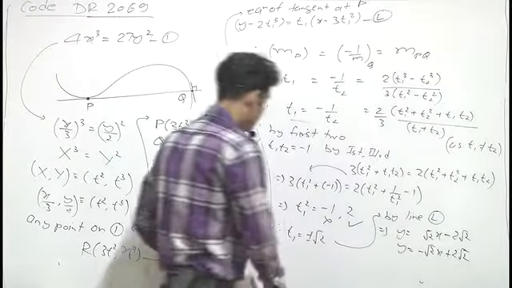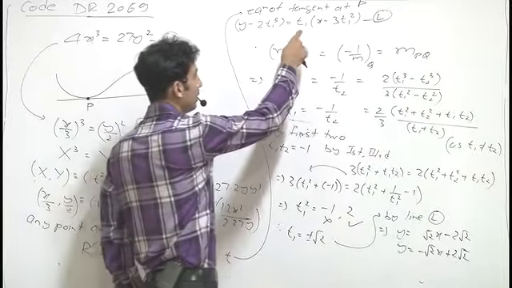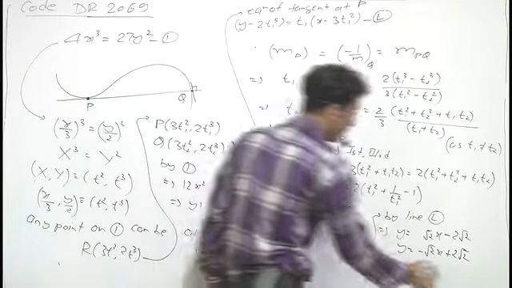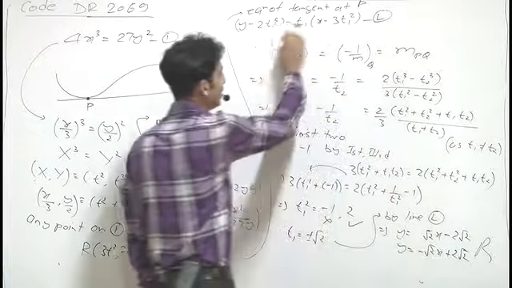If we use this value of t1 in equation L, we have two different values of line L.